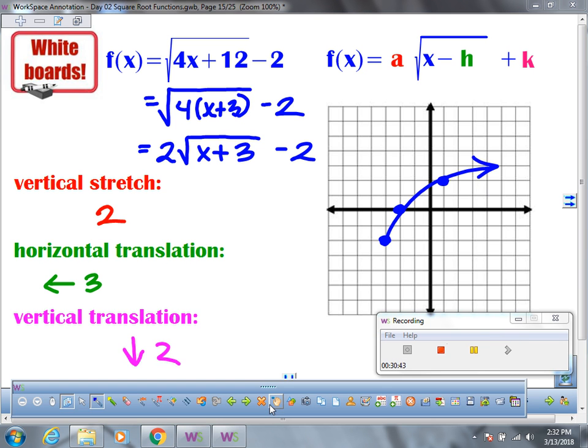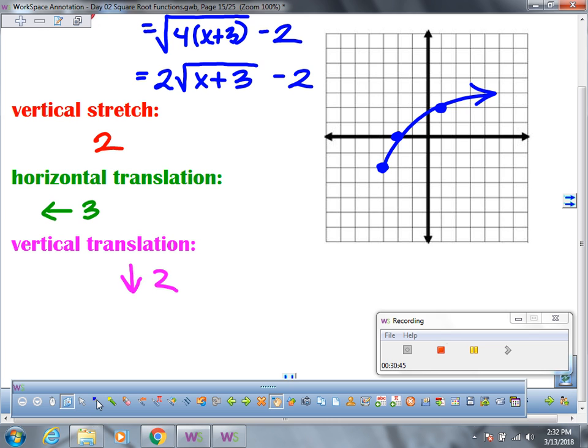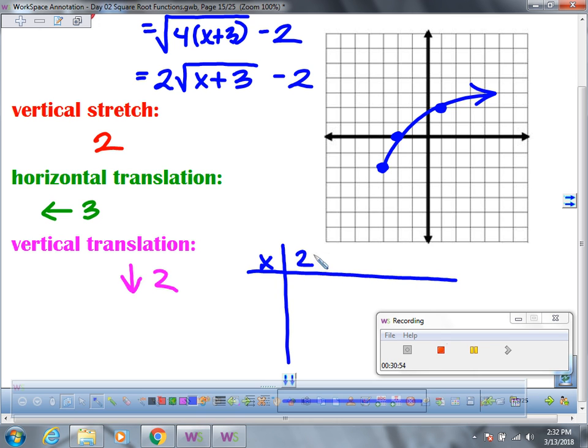I'm going to use a table. So if I put in x into my function, which is 2, we can start with the original one. What was it? 4x plus 12? This is my y.